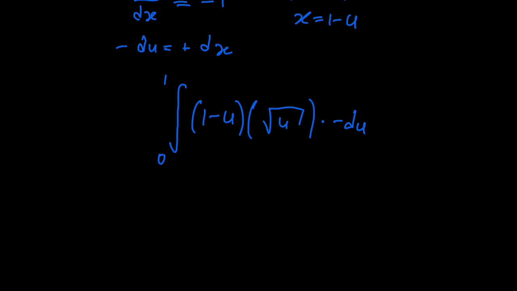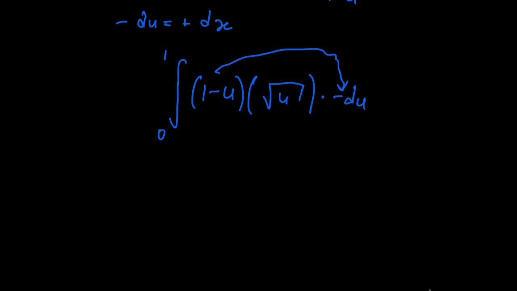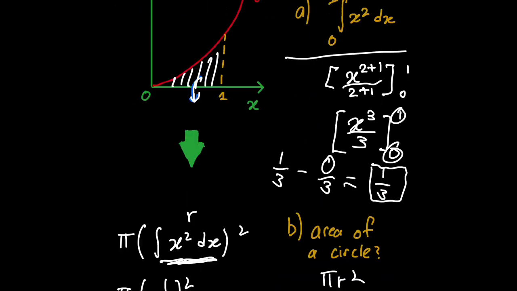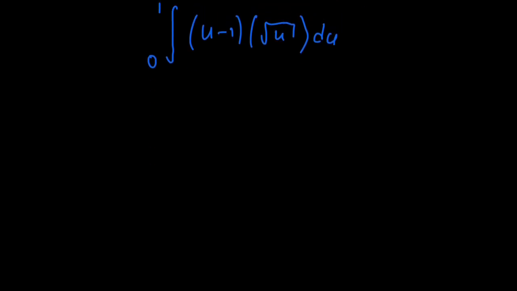Oh, actually, one more thing we could do is we could simplify this bracket here. So instead of 1 minus u, we can change the signs of this. So what we can do is we can say it's u minus 1, right? And then we can get rid of this negative sign. Now that makes everything a little bit easier. And then we get square root of u du.